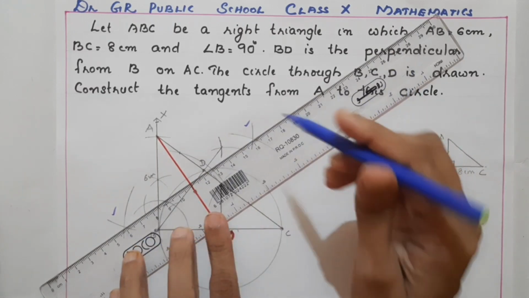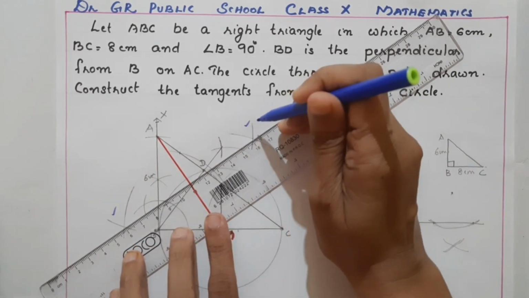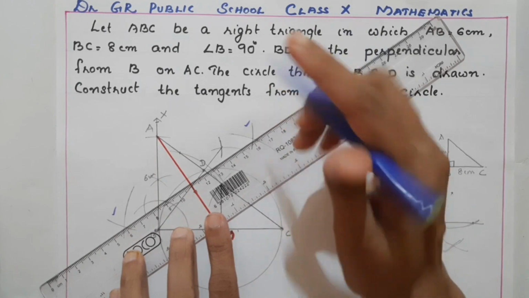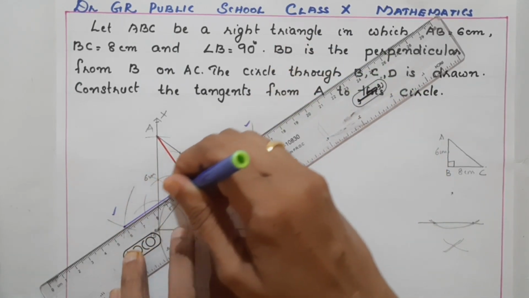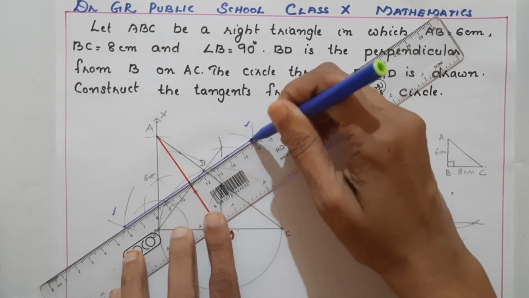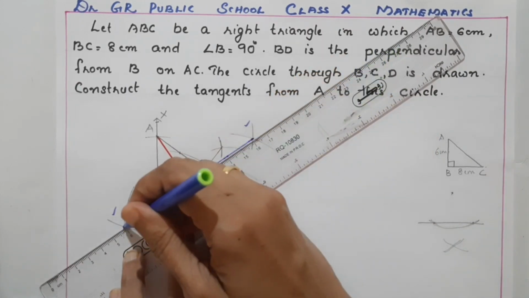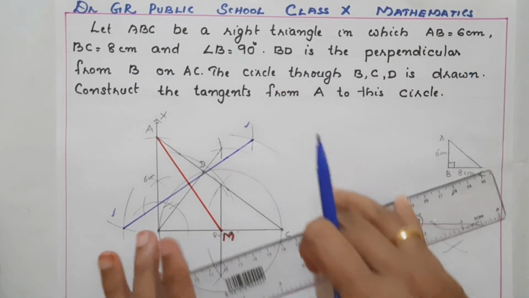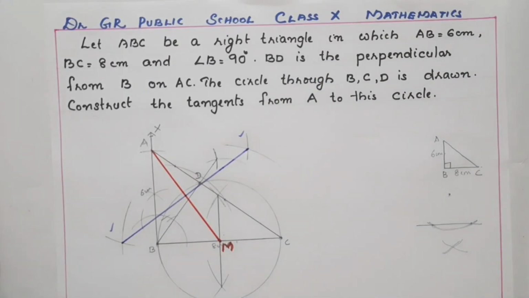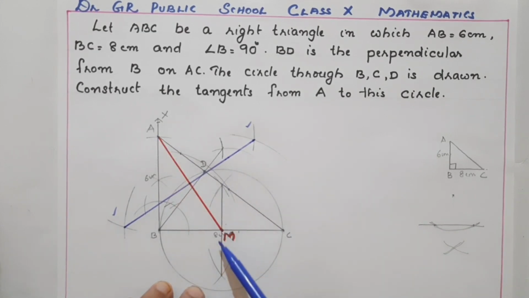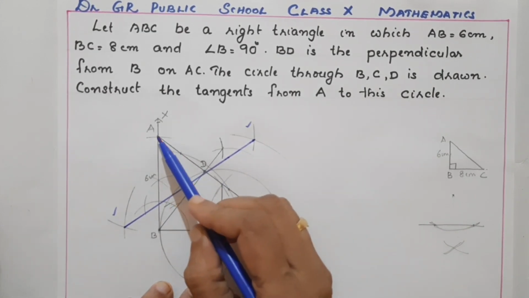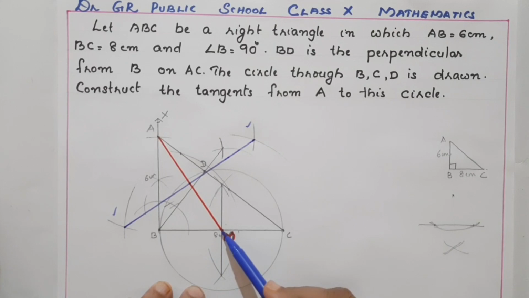Okay, so we have to join them to get the perpendicular bisector. So we have drawn the perpendicular bisector for this line segment joining the exterior point and the center.